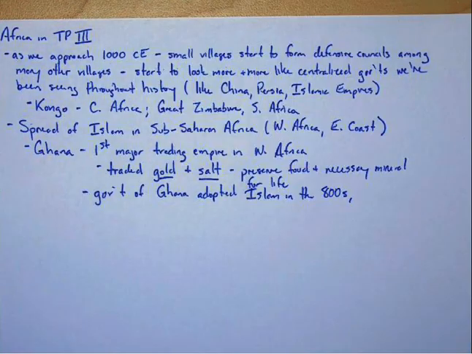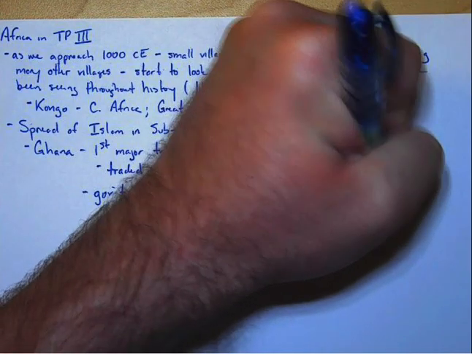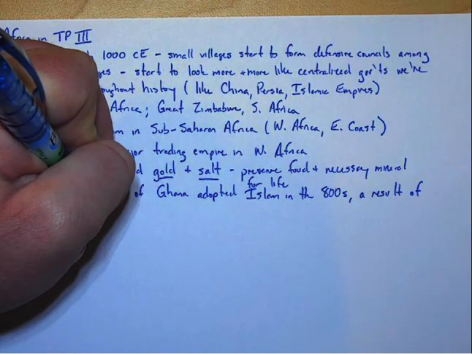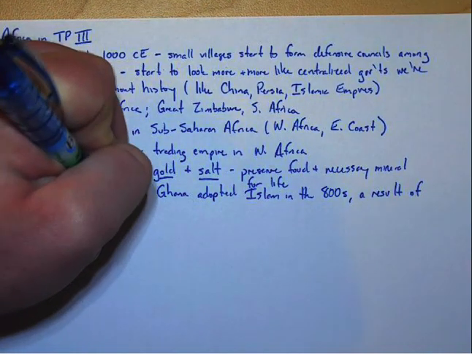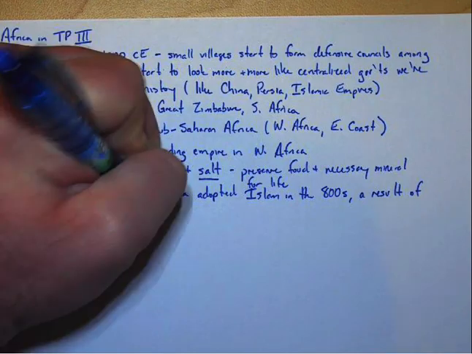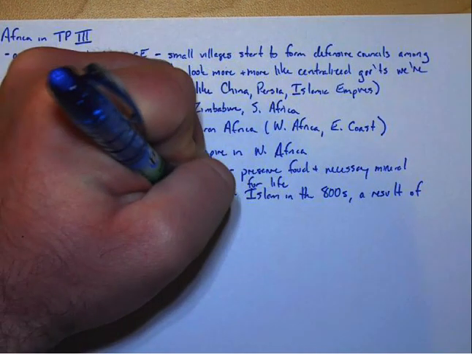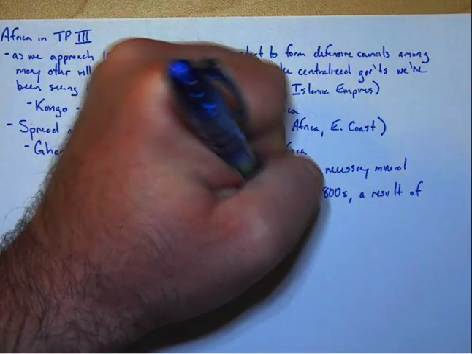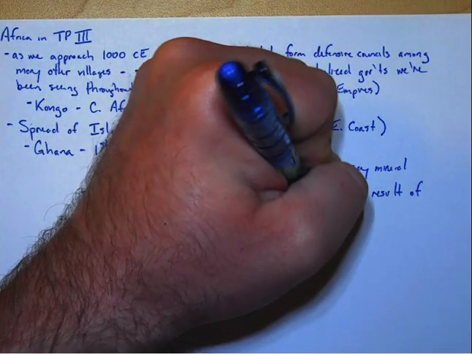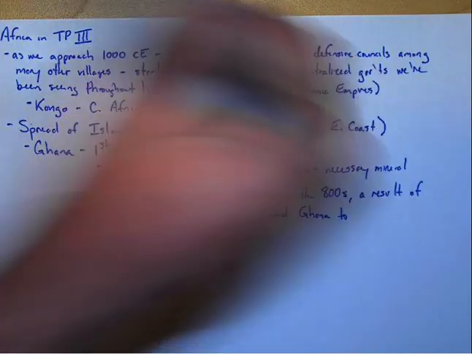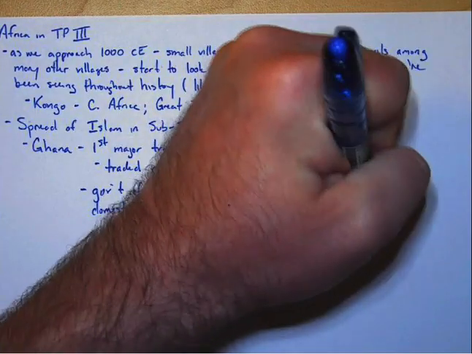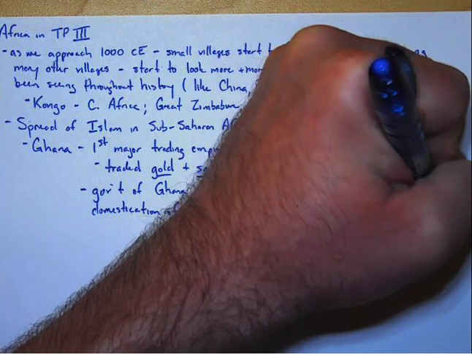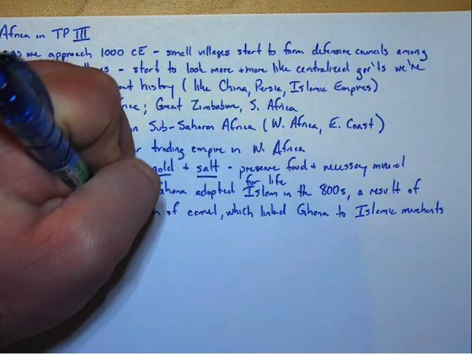And this is a result of the domestication of the camel, which linked Ghana to Islamic merchants in North Africa.